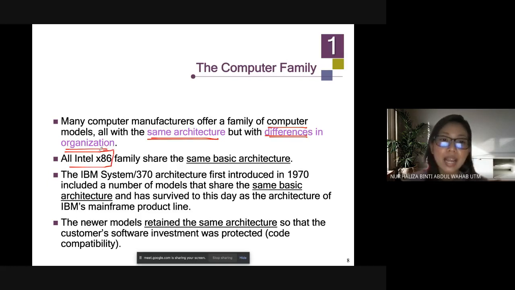All Intel x86 family share the same basic architecture. Later on you will see why you need to have the same architecture although it is different organization. The IBM System/370 architecture was first introduced in 1970. If you ask me, without looking at the slide, I can't remember it to be honest, because I really hate the history subject.